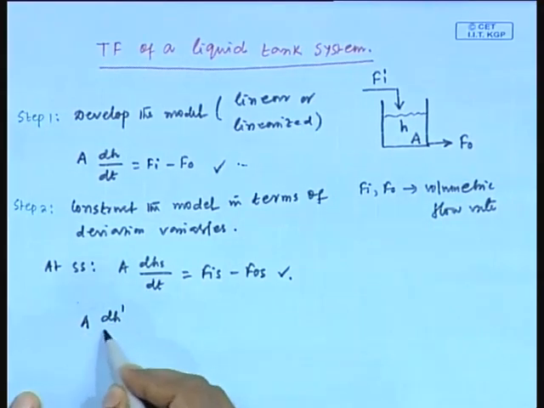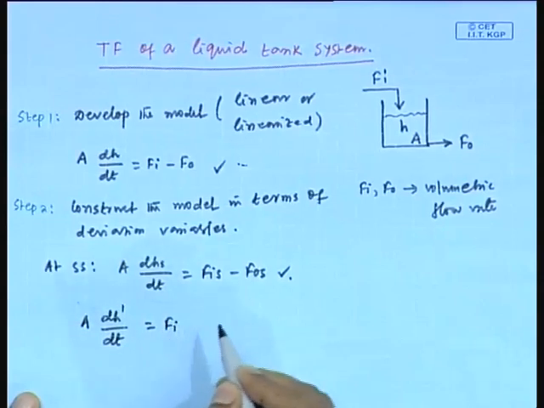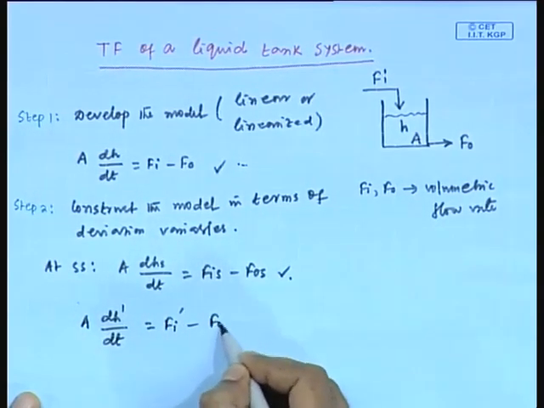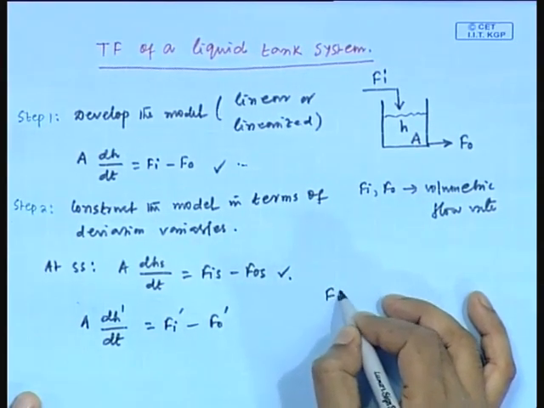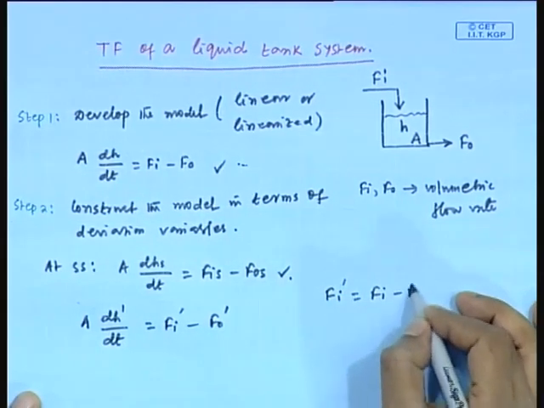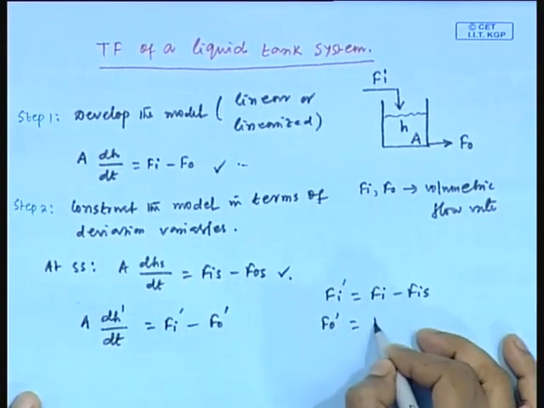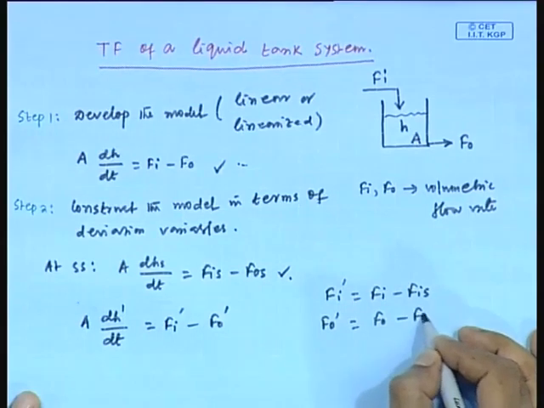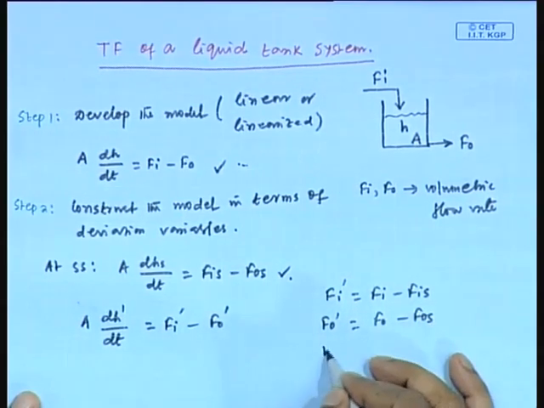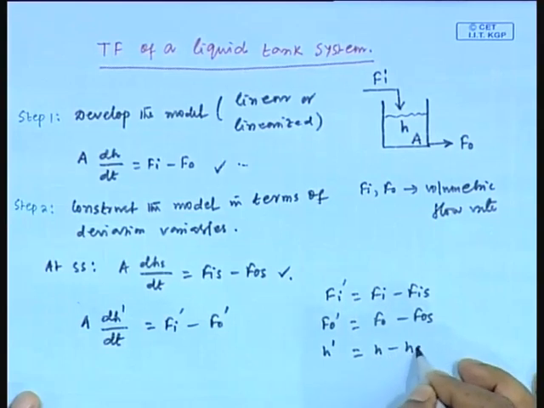So, the model in terms of deviation variables has this form: A dh prime dt equals f I prime minus f naught prime, where f I prime is f I minus f I s, f naught prime is f naught minus f naught s, and h prime is h minus h s.